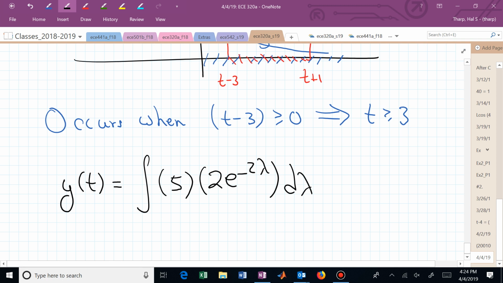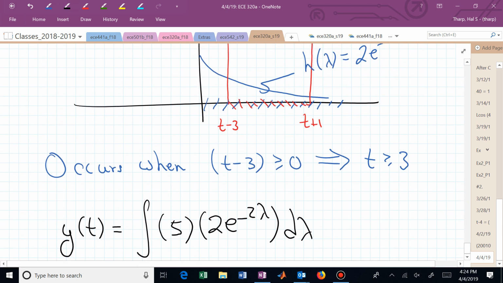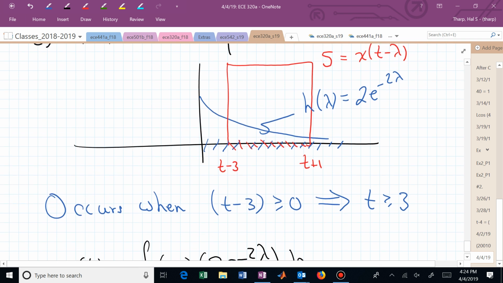That's what we're evaluating. And now we need to evaluate the limits of the integral. Is it 0 to infinity? Where do we have an overlap of x of t minus lambda and h?